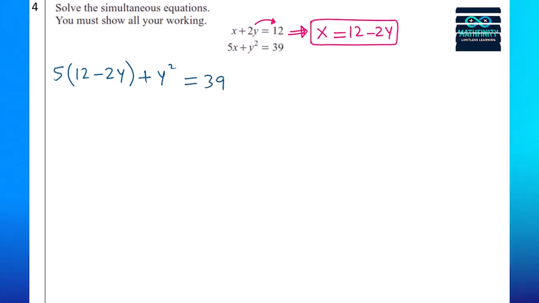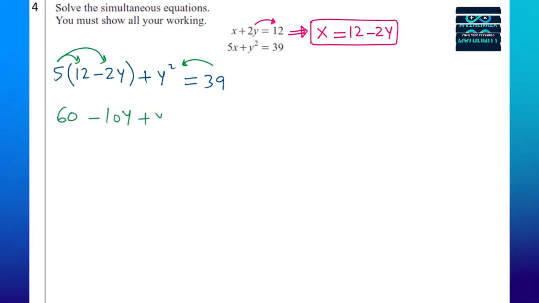We have to form the quadratic equation, the general form. So we will multiply this 5 and also we will bring this here, it must be equal to 0. ax squared plus bx plus c equal to 0. We will multiply and we will get here 60 minus 10y plus y squared minus 39 equal to 0.